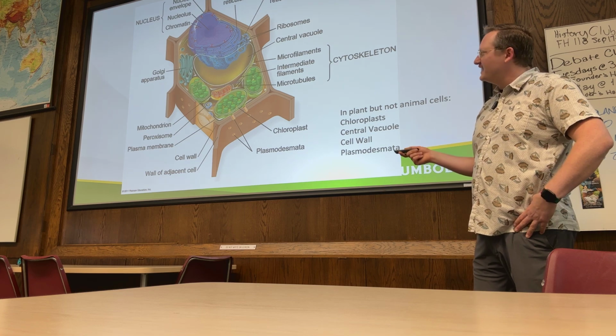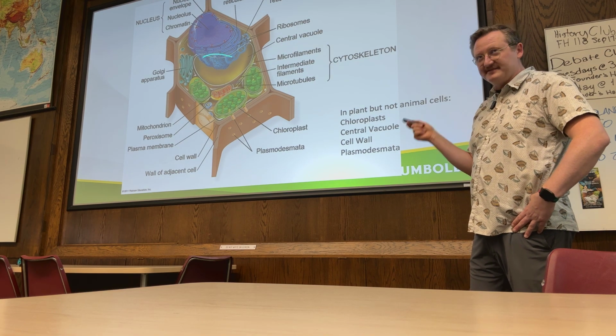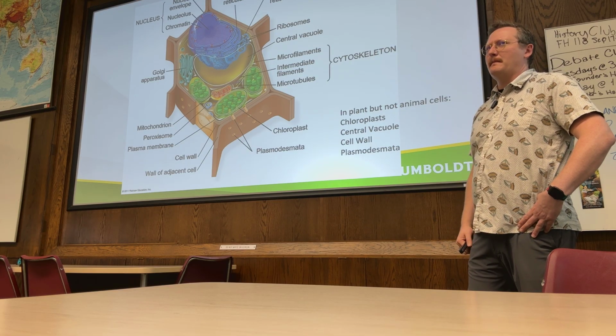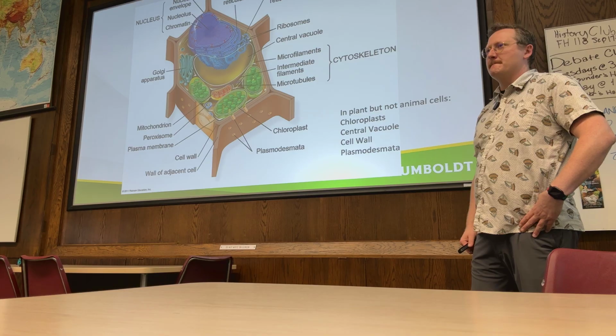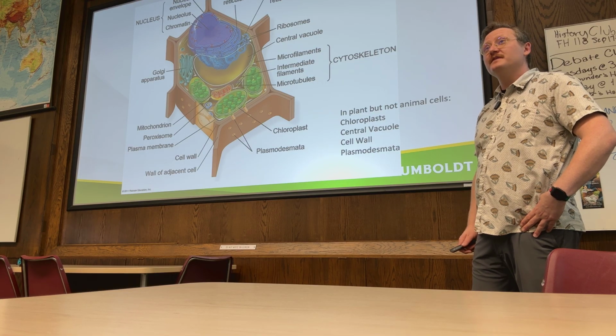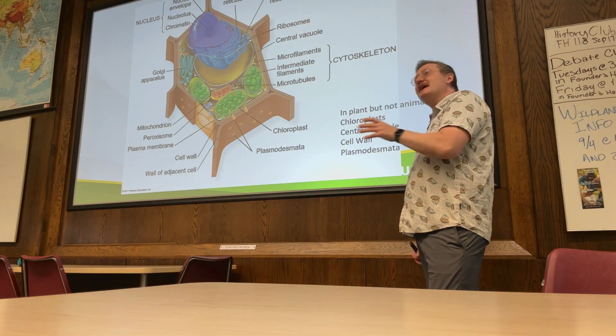Look at this. One of the key things the plant cell has is a cell wall that surrounds the plasma membrane, the cell membrane. What's that cell wall made out of? Cellulose, exactly, which is a carbohydrate. It's a structural carbohydrate, right?